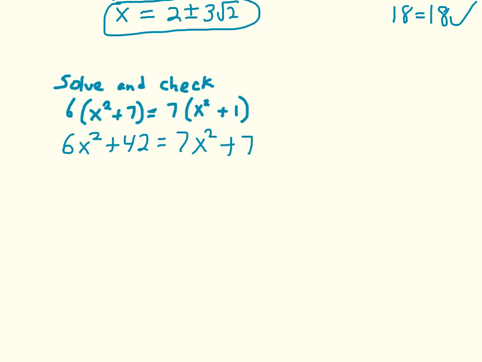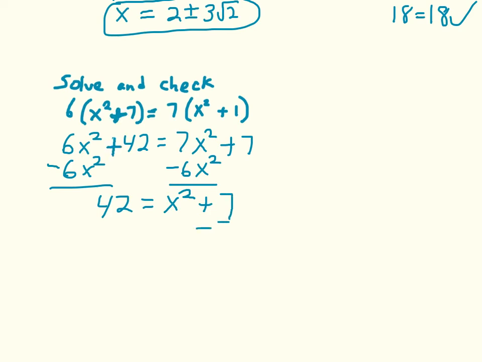I am going to subtract 6x squared from 6x squared and 7x squared, and I'll have 42 equals x squared plus 7. So then I'm going to subtract 7, and I'll get x squared equals 35. So x would equal the positive or negative square root of 35, and you can't simplify that.